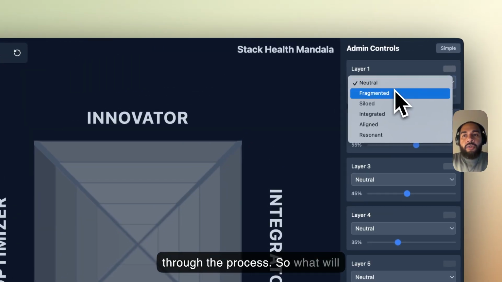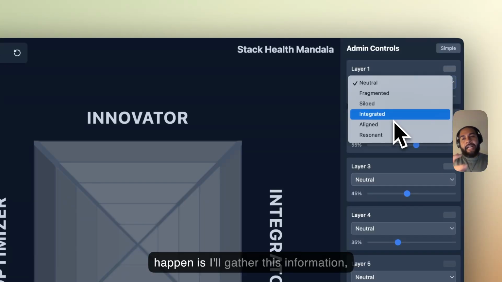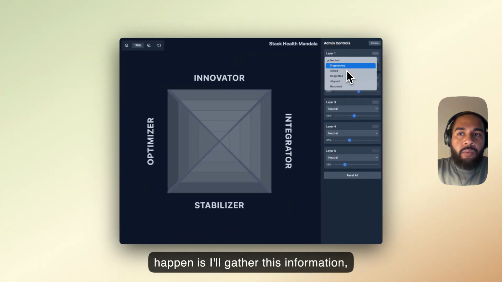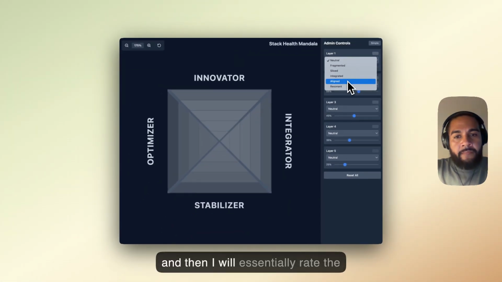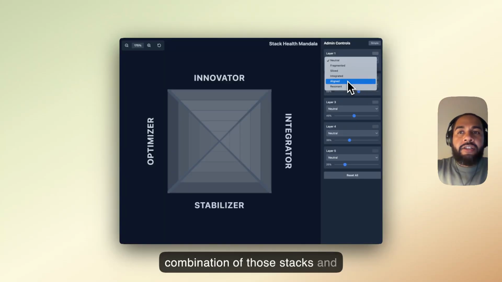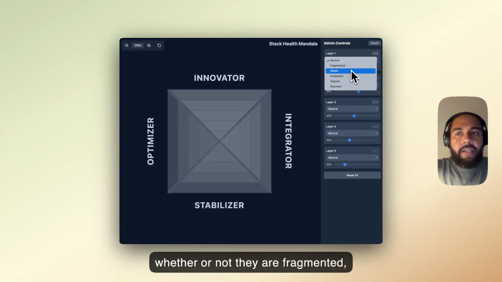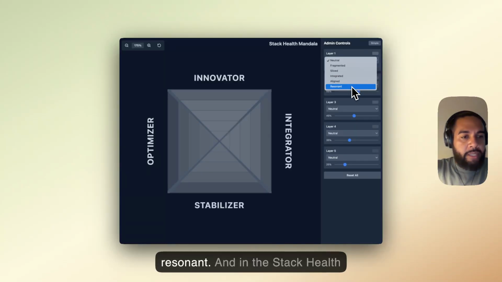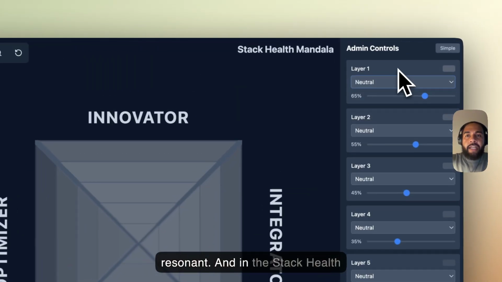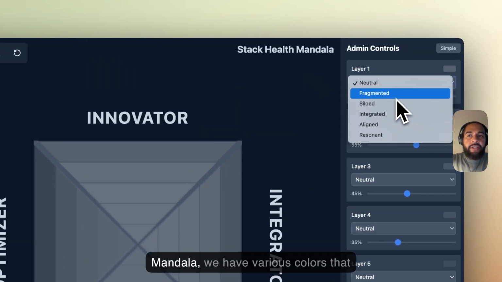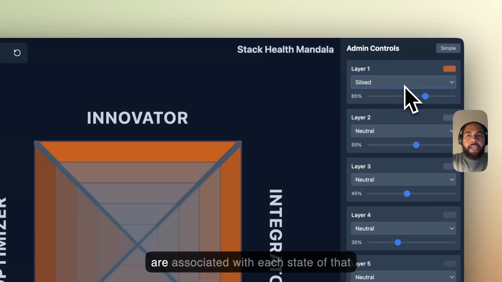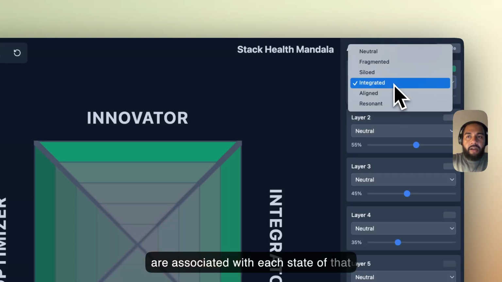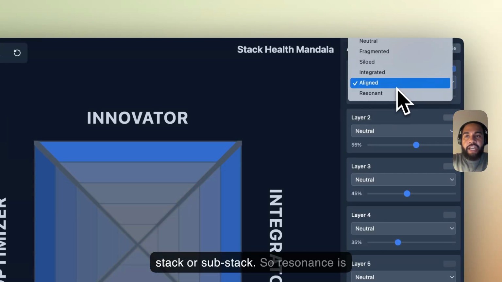So what will happen is I'll gather this information and then I will essentially rate the combination of those stacks and whether or not they are fragmented, siloed, integrated, aligned, or resonant. Okay? And in this Stack Health Mandala, we have various colors that are associated with each state of that stack or substack.